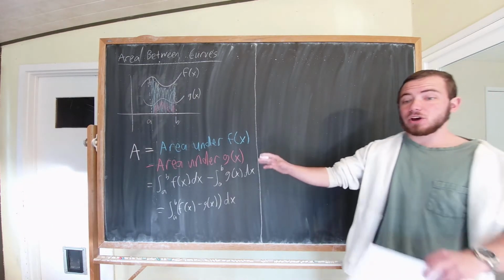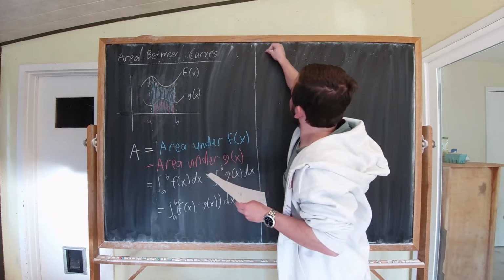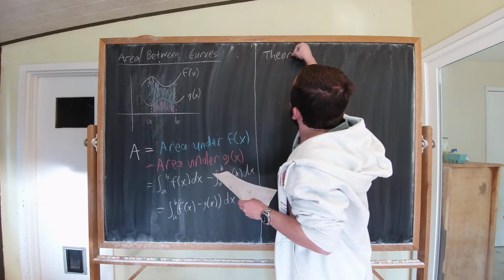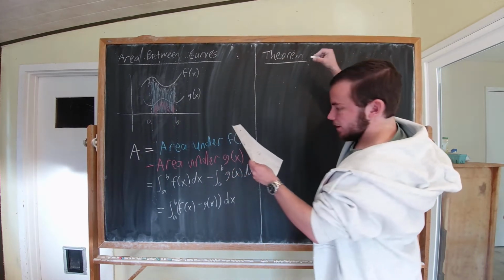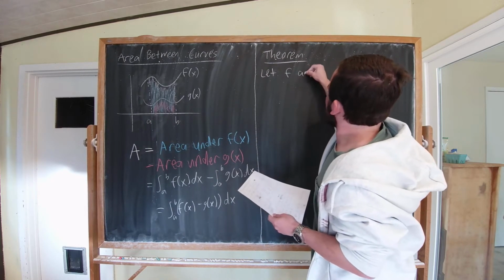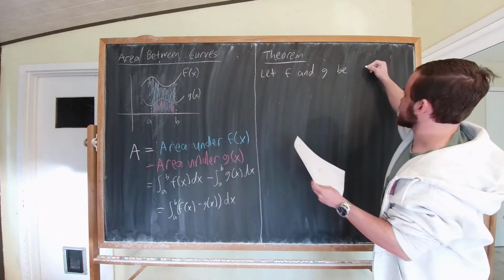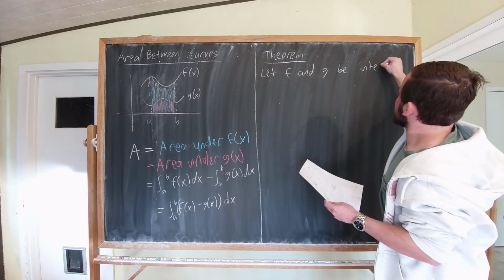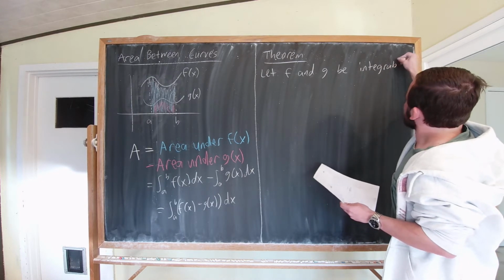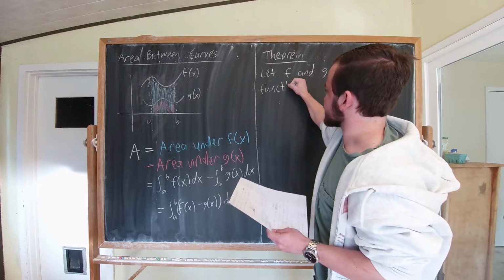Alright, so let's state this formally with a theorem. Let f and g be integrable functions. Your book says continuous, but I'm pretty sure it holds for any integrable functions.